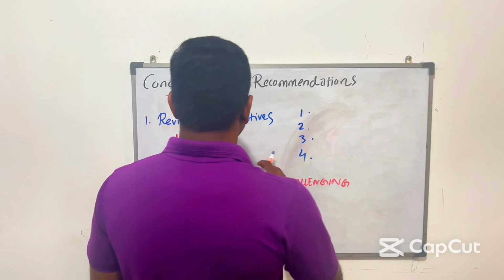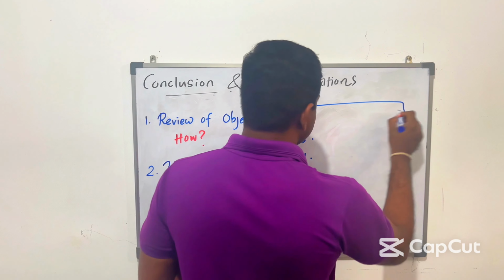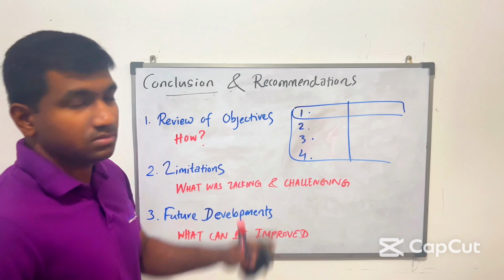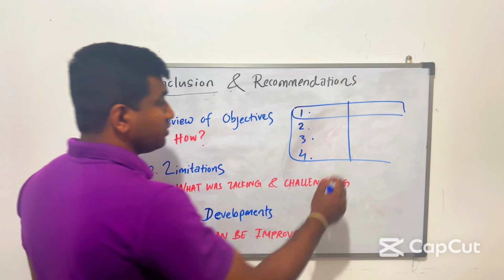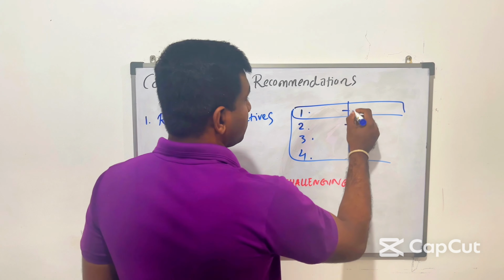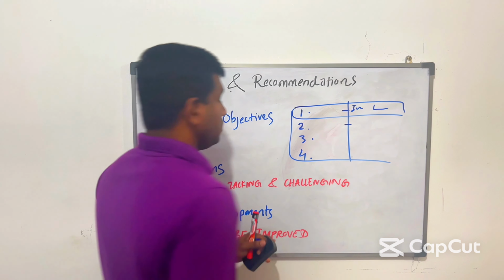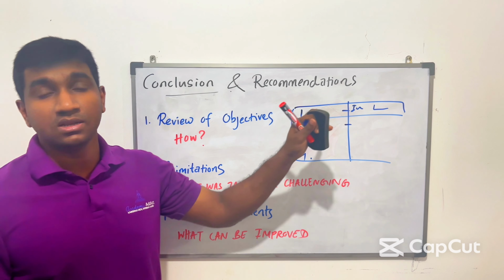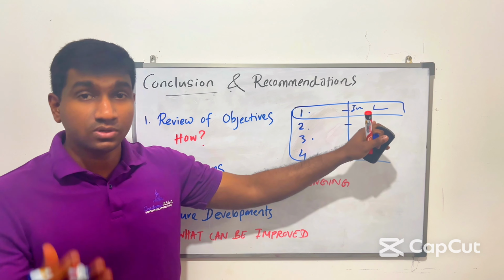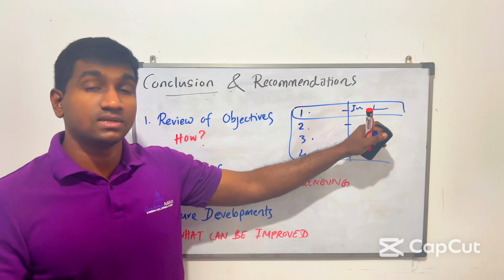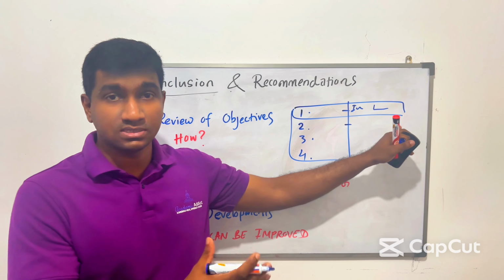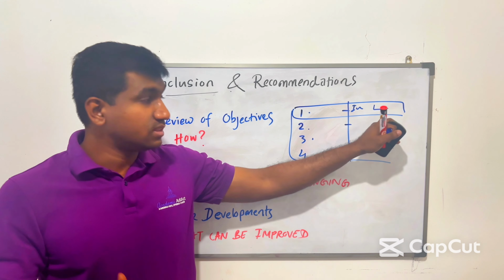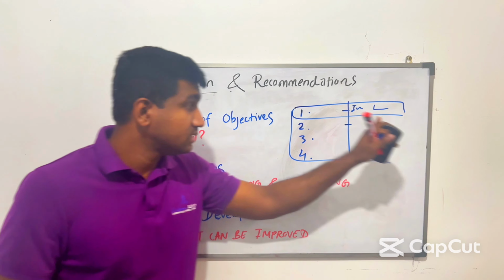Maybe under this you can have a simple table, and you can just mention the objective reference, like objective 1, 2, 3, 4, and here you can say, in chapter 2, you have used XYZ theory related to motivation and a few other factors, maybe you can mention them, and you have conducted that secondary research, like talking about literature and bringing in literature and referencing, and that's how you have completed that objective.